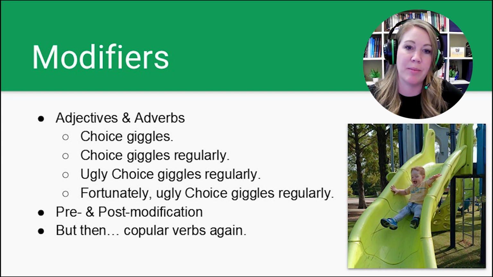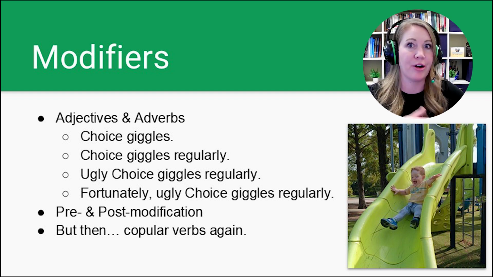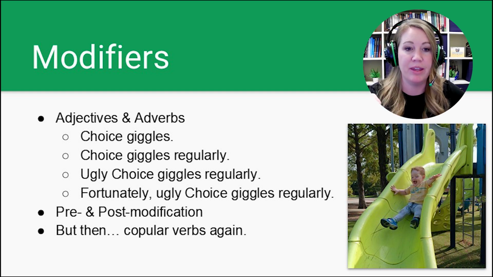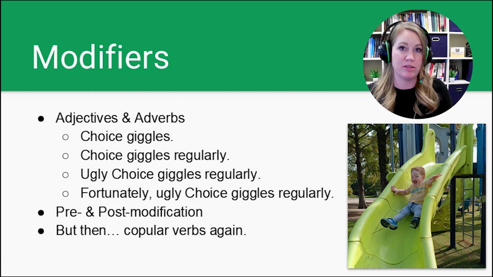Instead, it's being predicated of choice. It serves as an adjective complement, right? It's occurring after the verb, following the copular verb is. So be careful, an adjective in a predicative position following the copular verb is not functioning as a modifier in the typical sense, okay?